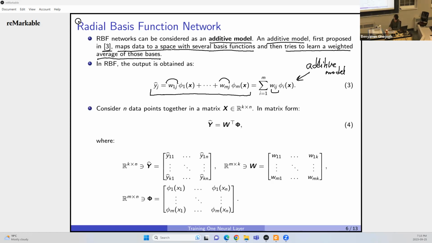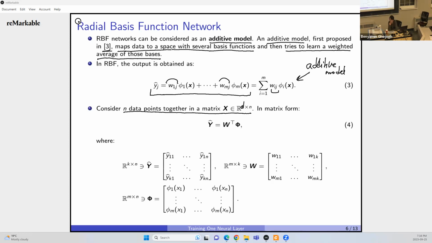Consider now n data points together in a matrix X belonging to R^(k by n). Okay, what do I mean? I think this is an error. This must be d by n, sorry. So now I'm considering a data set of data points, agreed?